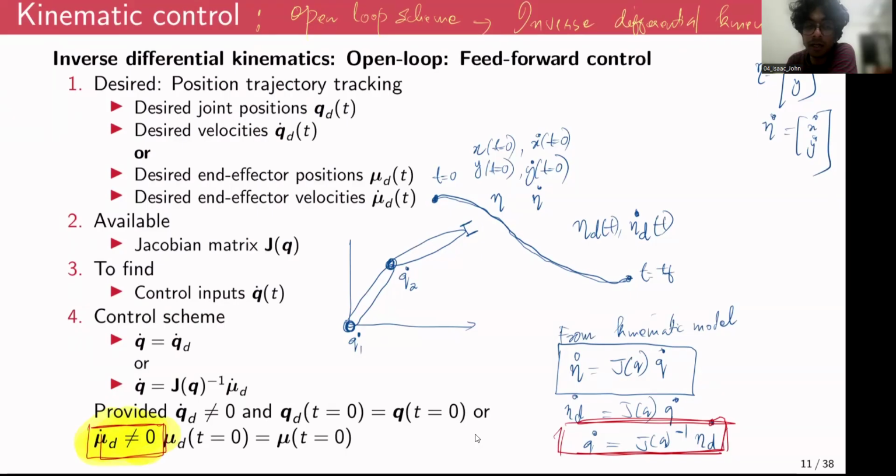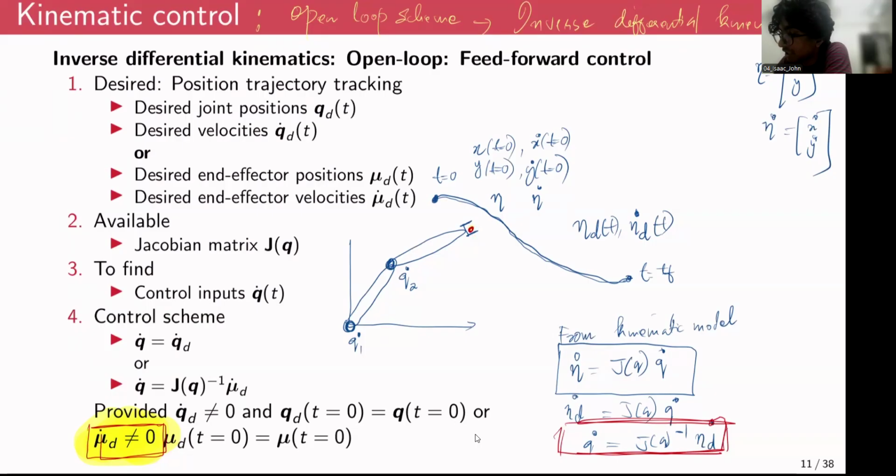And the other important condition that you have to be aware of is for this control to work, the initial position of the trajectory should coincide with the actual initial position of the robot, right? Because if the robot is in some arbitrary initial position, maybe somewhere around here, right?